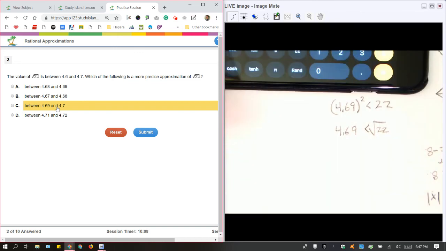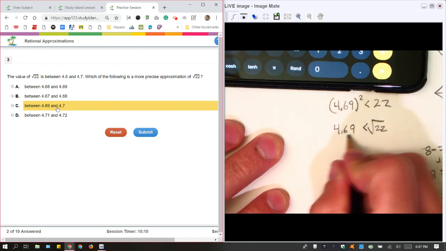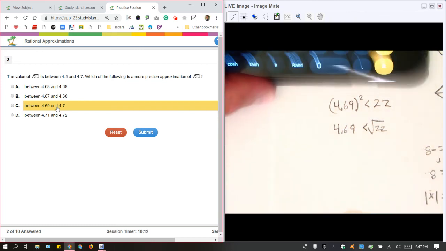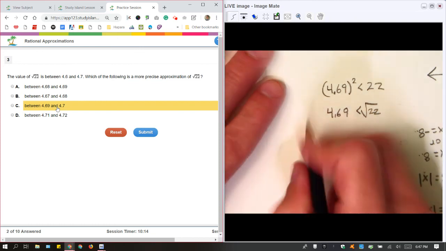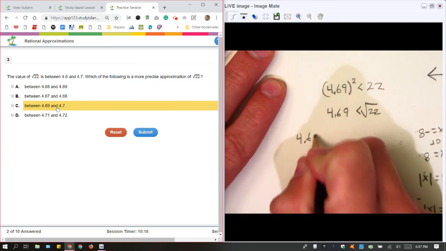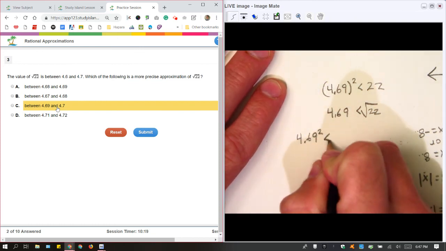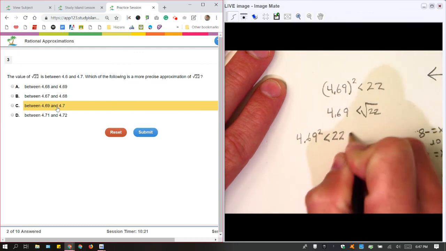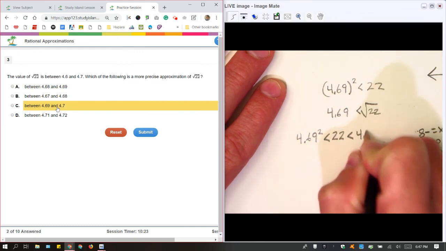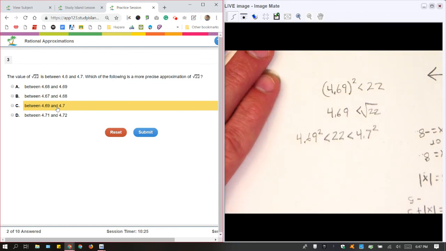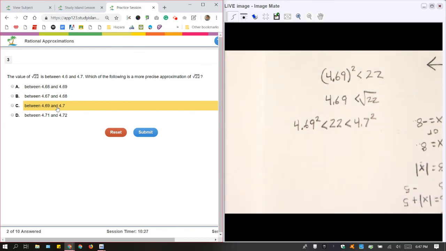So let's write what we just figured out. 4.69 times itself was less than 22, but 22 was less than 4.7 times itself.